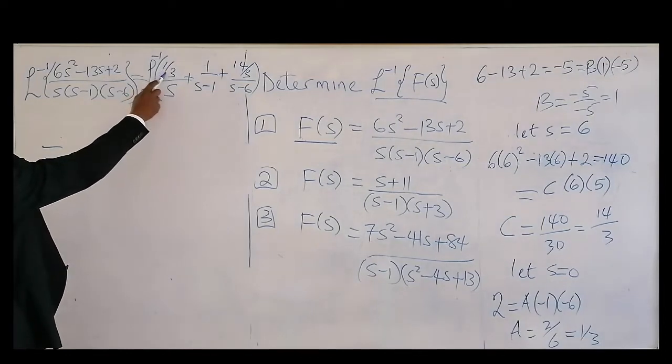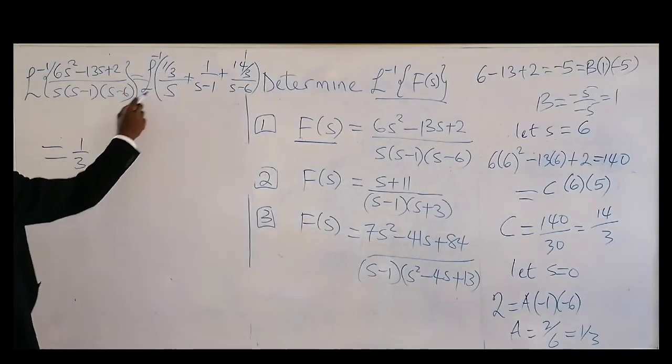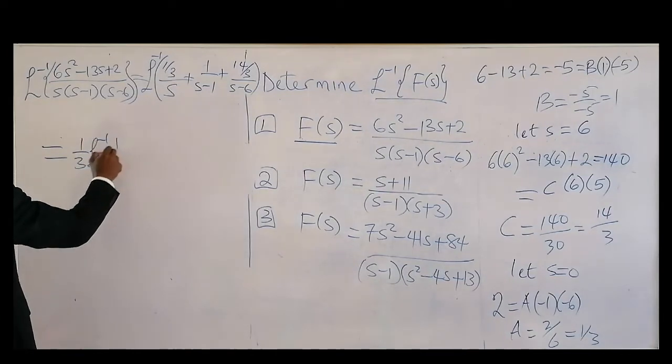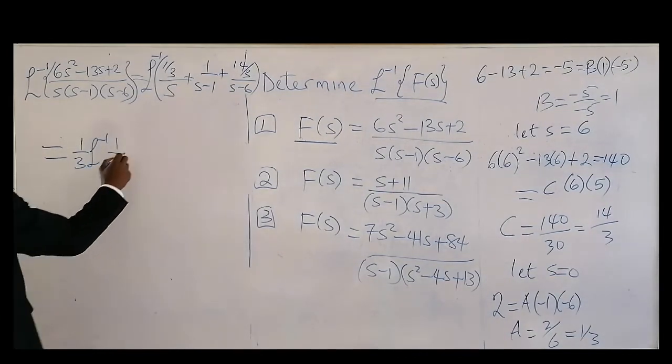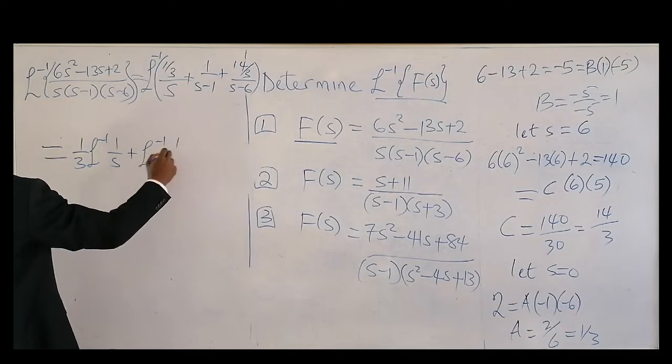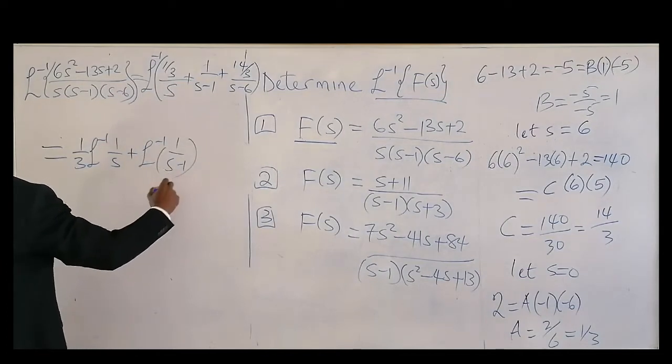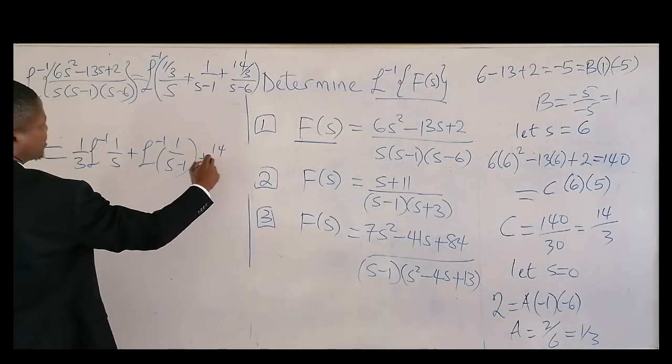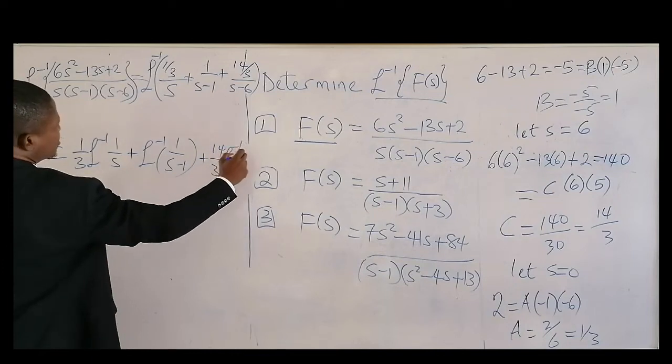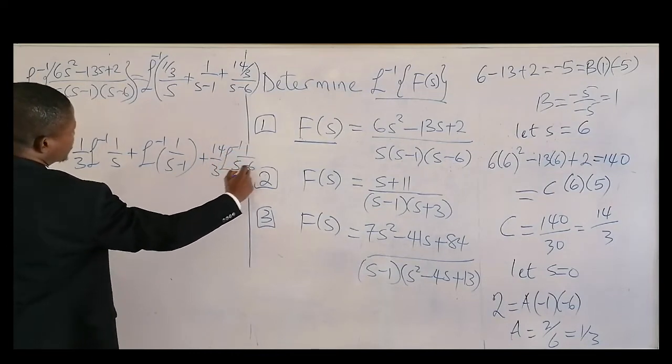If you take this 1 over 3 outside, then we have 1 over 3 inverse of this, then plus inverse of this one, then plus 14 over 3 and then the inverse of 1 over x minus 6.